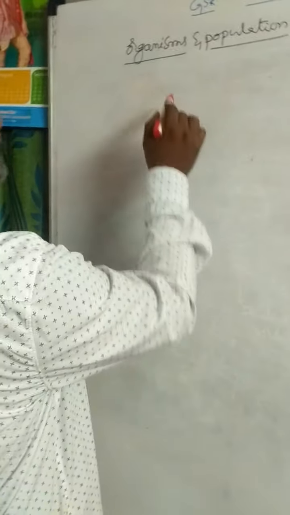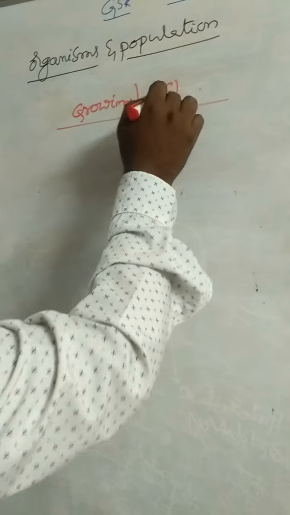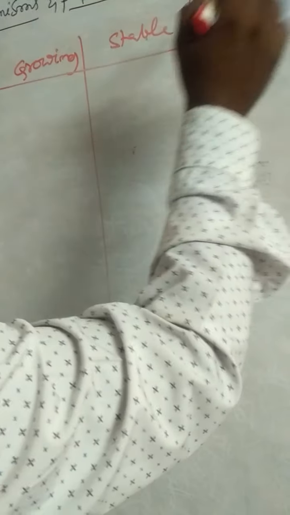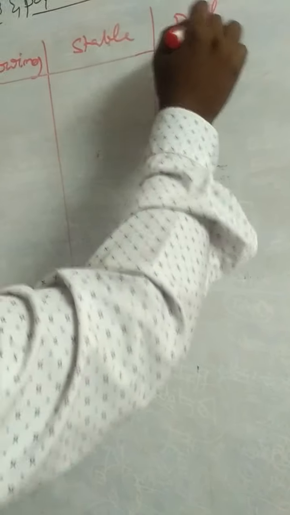What are the three types of populations? Growing population, and the second one is stable population, and the third one is declining population. Growing population, stable population, declining population.